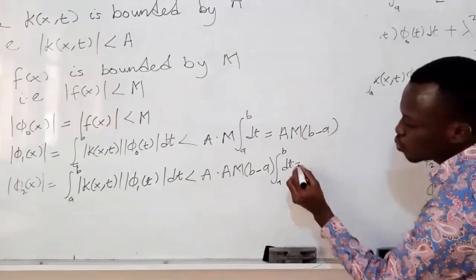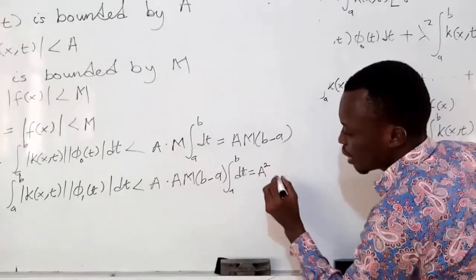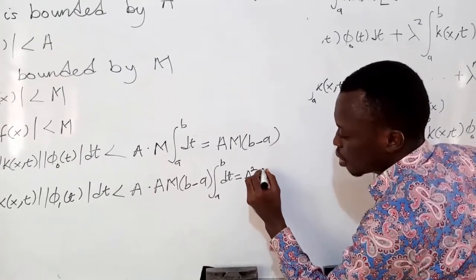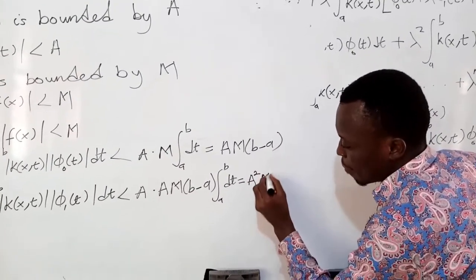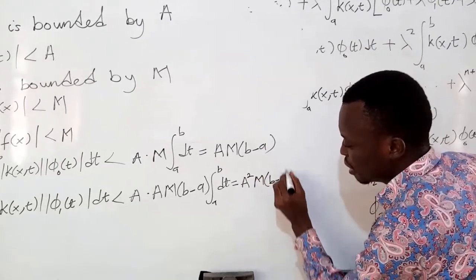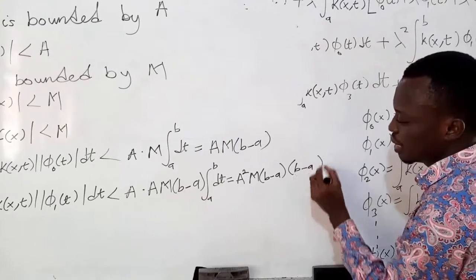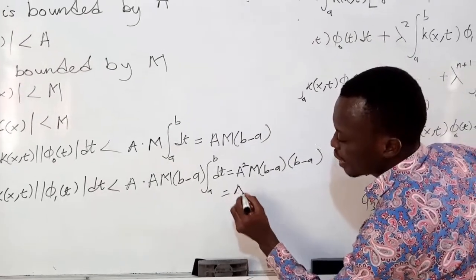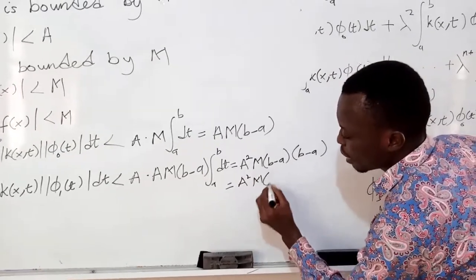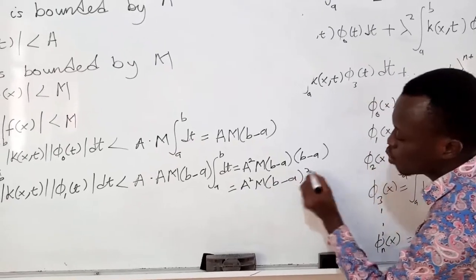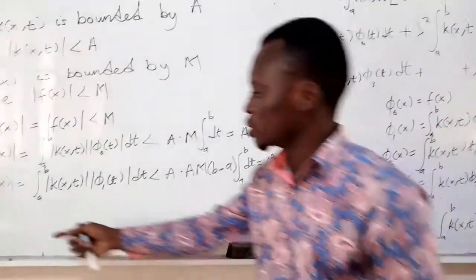This will be equal to A squared M times (b minus a), and this integral gives another (b minus a), which gives A squared M times (b minus a) squared, for phi 2.